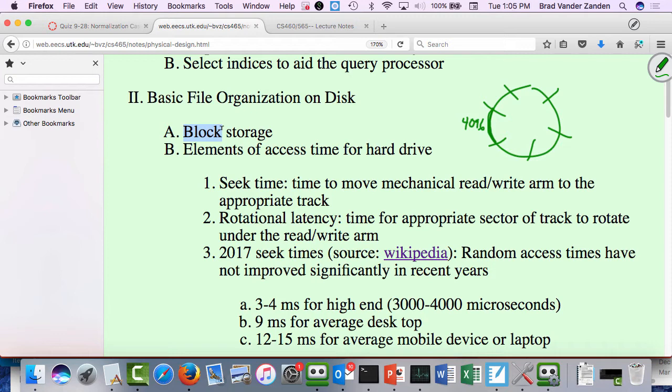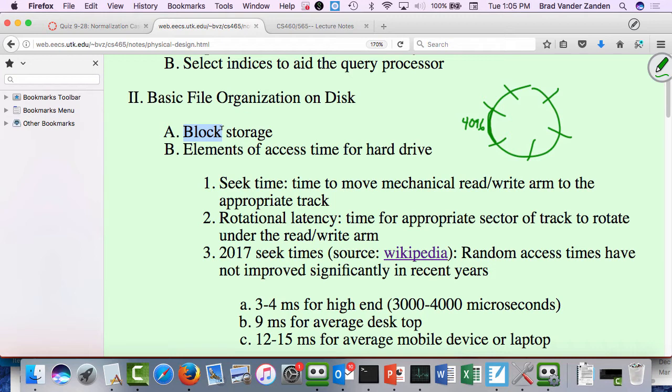So, reading blocks into memory, the goal is to try to read as few blocks as possible, but also to get to them as quickly as possible. So in your courses thus far, when you read a file, you typically start from the beginning and read sequentially all the way through it.